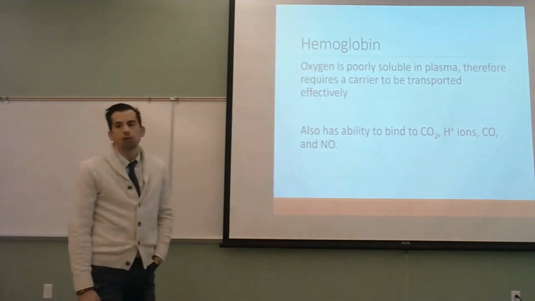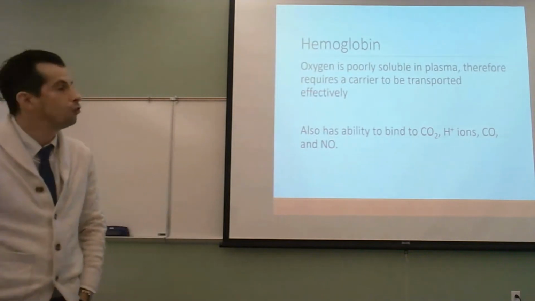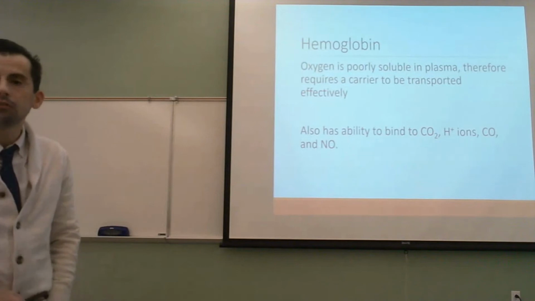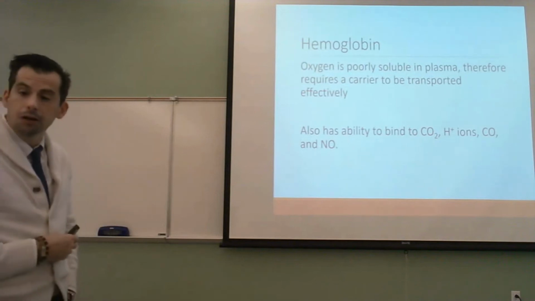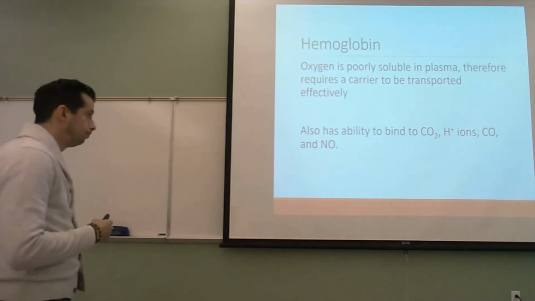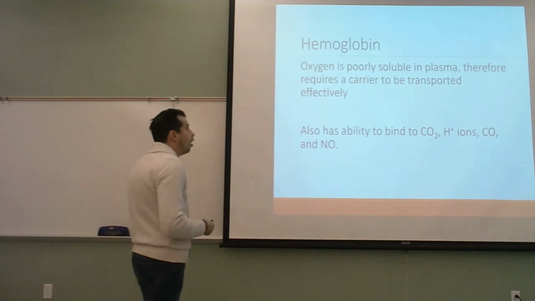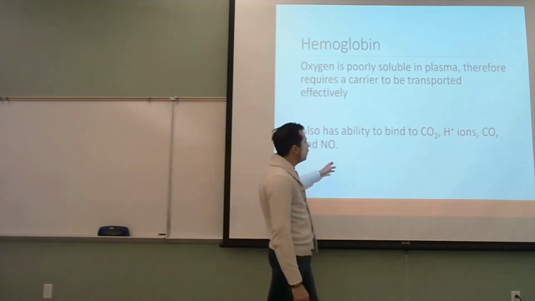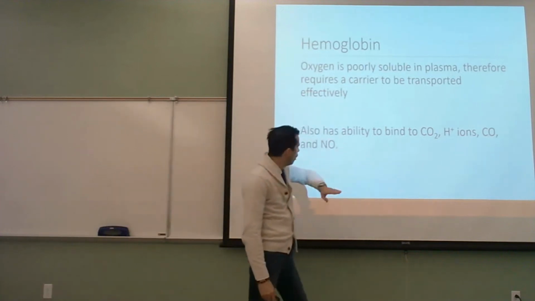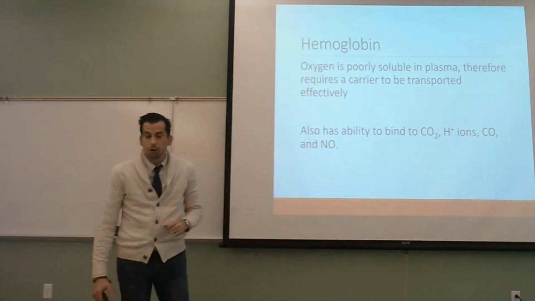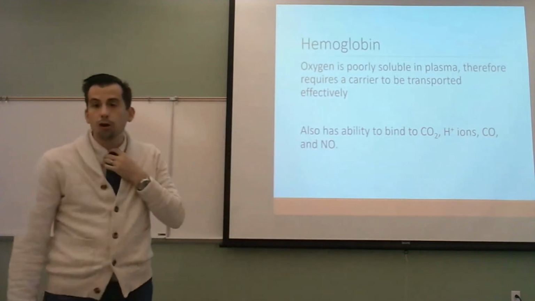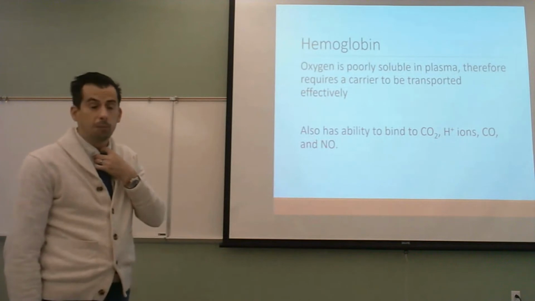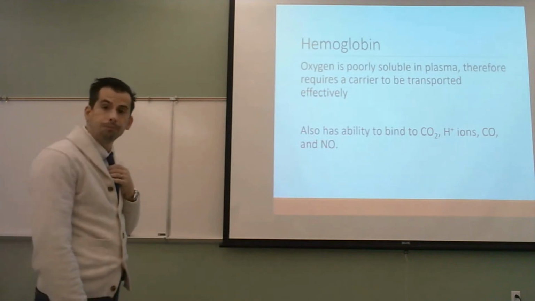Oxygen is not going to be very soluble in plasma. That's why the hemoglobin protein and its binding affinity are going to help that out. Now, we'll also see hemoglobin have an affinity to bind to carbon dioxide, hydrogen ions, and carbon monoxide in particular. And these are topics that we'll bring up once we do respiratory. People with carbon monoxide poisoning.